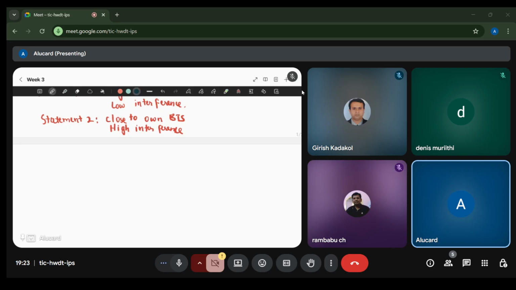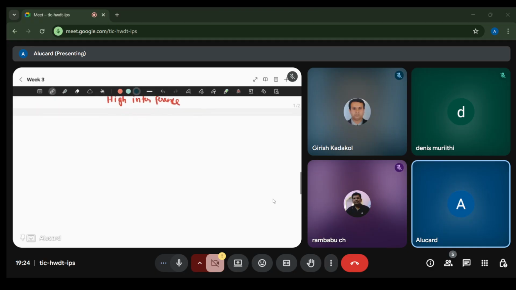Next, we go to question 3. For a hexagonal geometry, which is a valid cluster size?